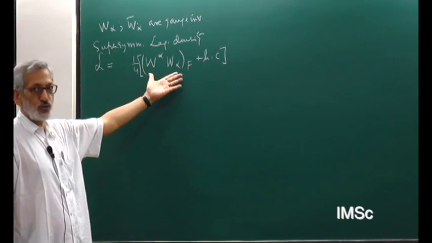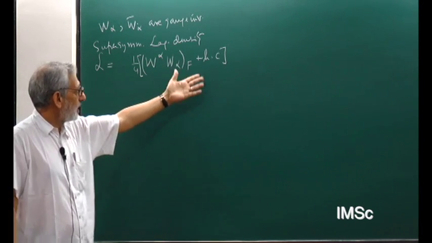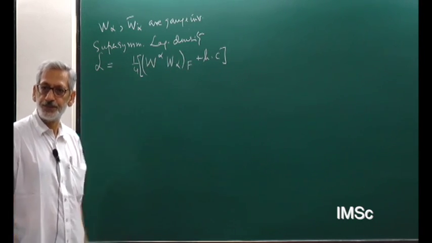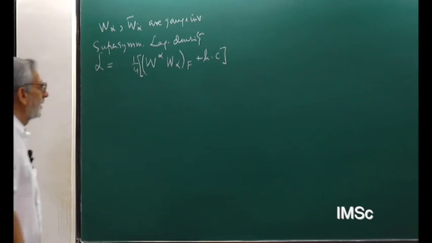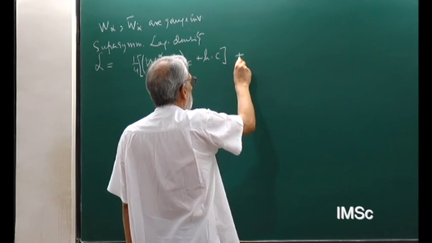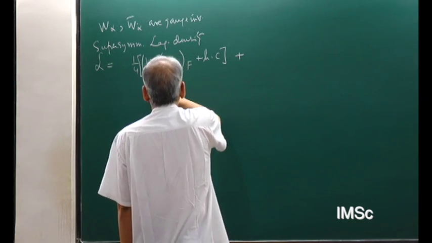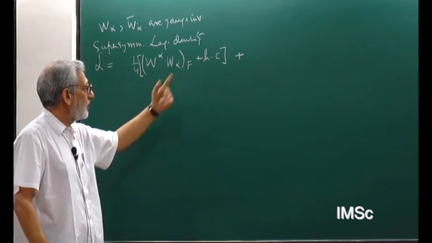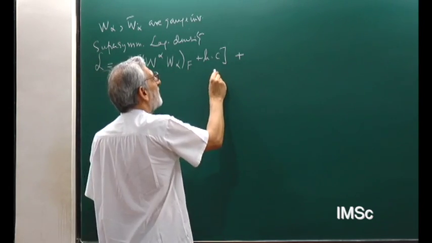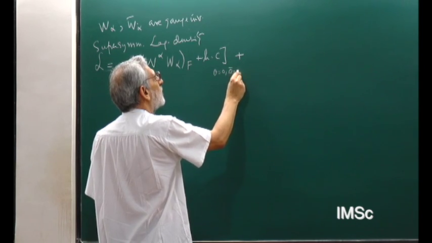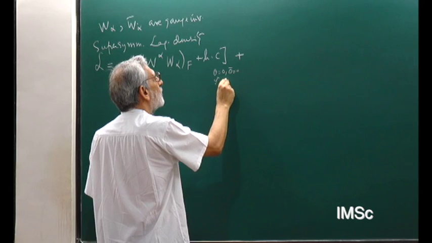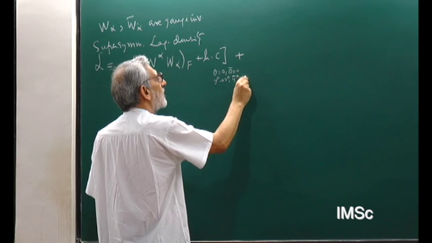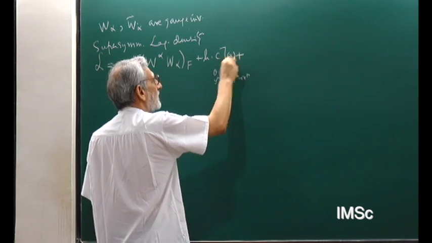W_alpha is gauge invariant, so the square of W_alpha is gauge invariant, and adding Hermitian conjugate makes it real. So this can be a piece of the Lagrangian density. And this is a function of y and theta because it's a product of two chiral superfields. So after you write that, you put theta equal to 0 and theta bar equal to 0. That will convert y^mu into x^mu here, and the Hermitian conjugate will be a function of y-bar^mu. That will come, so that this whole thing is a function of x.